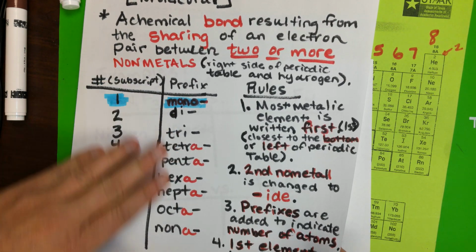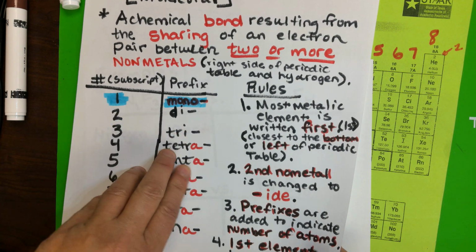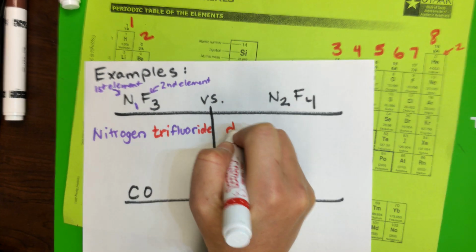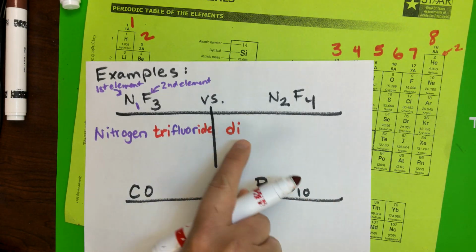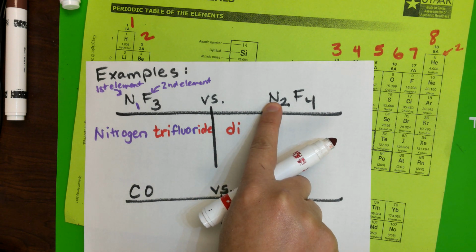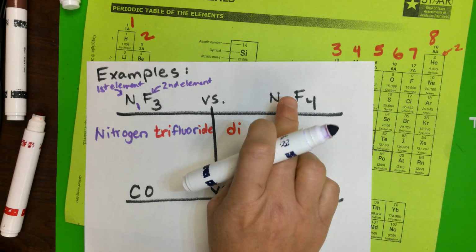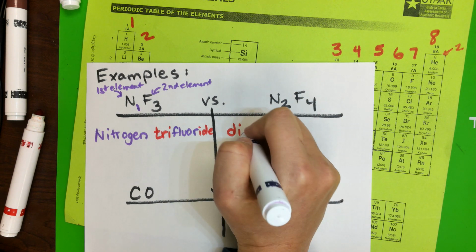Okay, now you don't even have to memorize this because this is what's going to be provided to you in the exam. So 2 means di. So I'm going to put di as a prefix. Again, the prefix is like before, right? So di, and then the first one, you just write it just the way it looks in the periodic table. So it'll be dinitrogen.